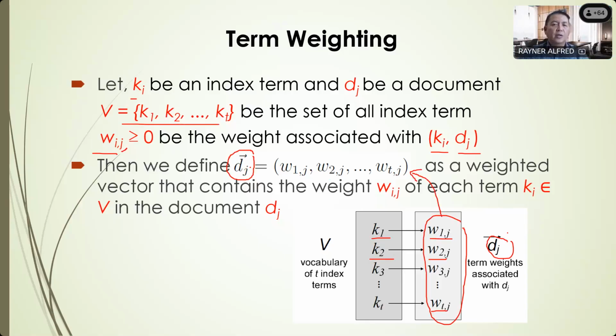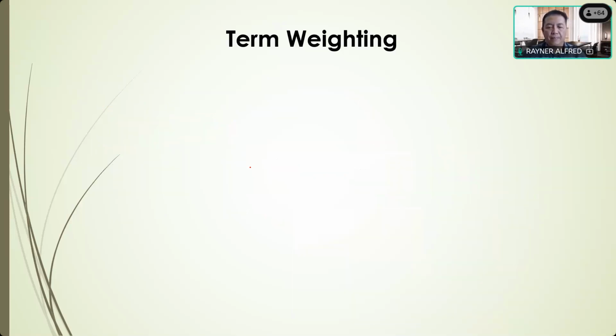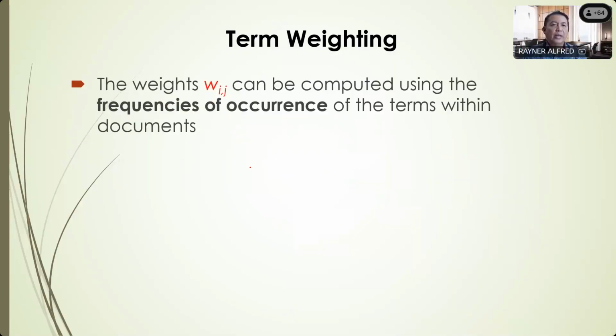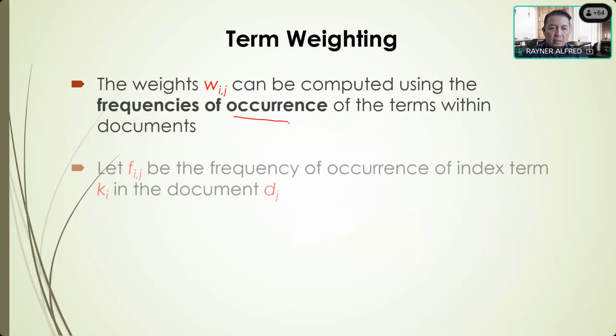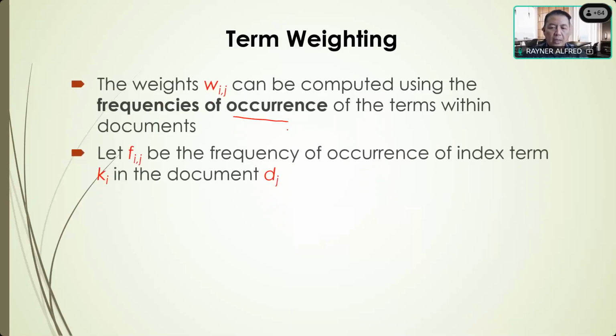Okay. So with the same weight that we have here, we can redo the term and document matrix. Previously we used binary, now we use the weight that we have. The weight w_ij can be computed using the frequency of occurrence. So we just count the number of times they exist.